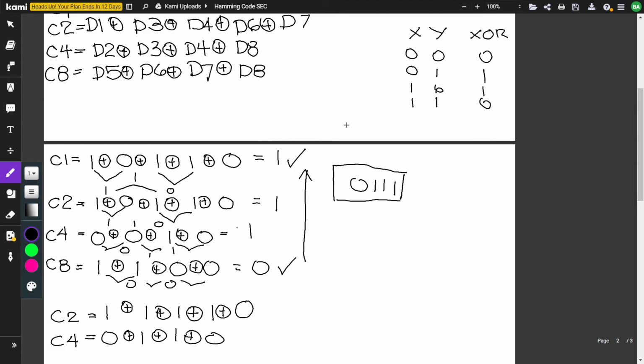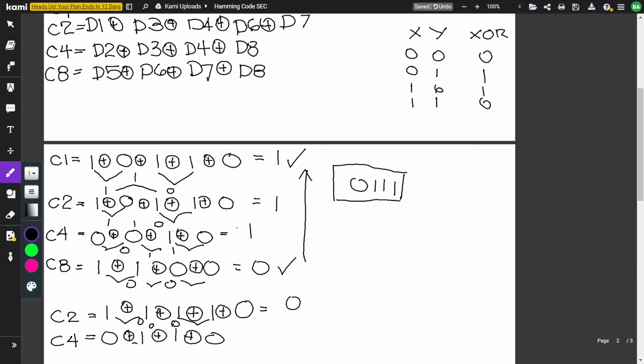Okay, so let's solve it. We have to pair it again. 1 XOR 1 is equal to 0, 1 XOR 1 is equal to 0, and then 0 XOR 0 is again 0, and 0 XOR 0 is 0.